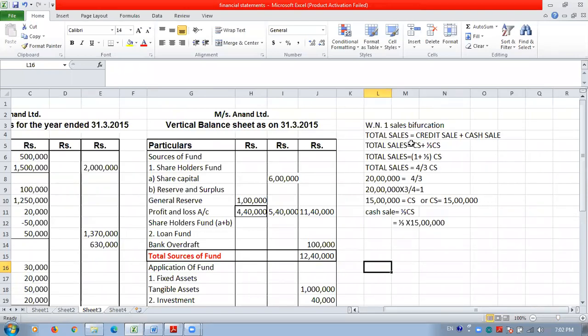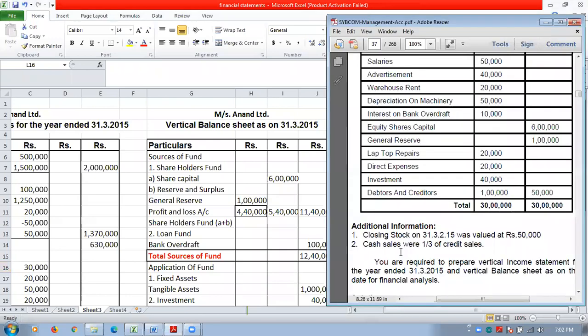What is the total sale? It is credit sale plus cash sale, right? So total sale is equal to credit sale plus cash sale, and in this problem we consider credit sale as CS. So total sale is equal to CS plus one third of CS, because they said the cash sale was one third of credit sale.